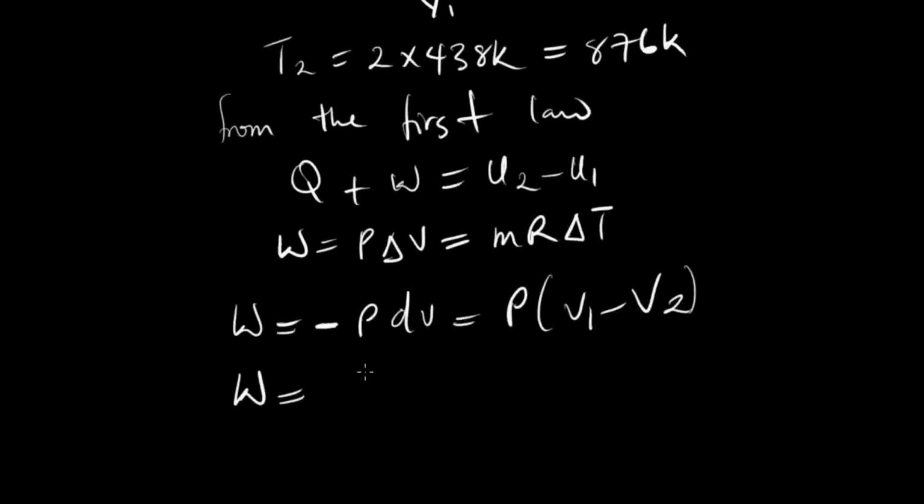Do we have volume? No, we don't have volume. All we have here is the temperatures. So since it's an ideal gas, we use this; for steam, let's not use this. For the ideal gas, use this.